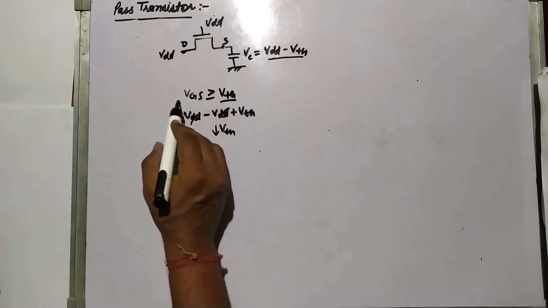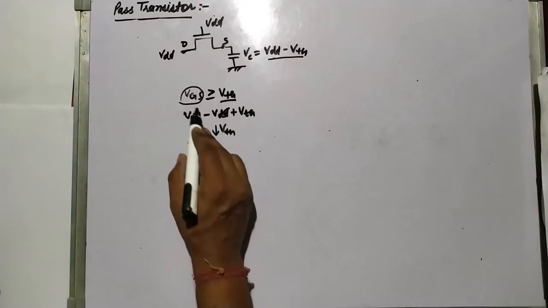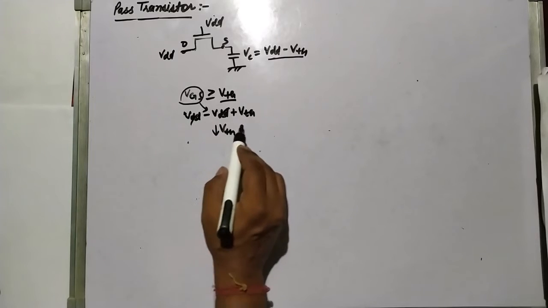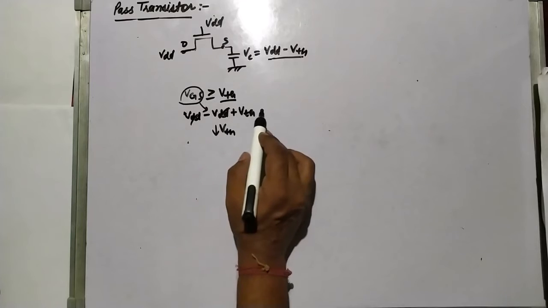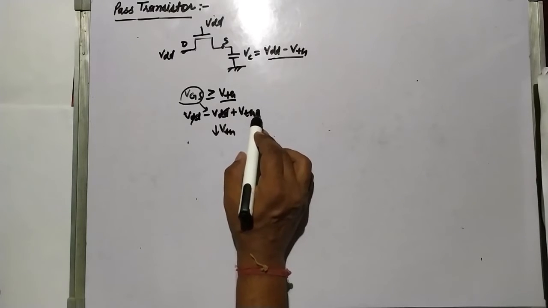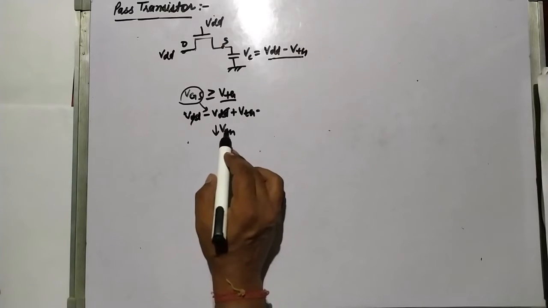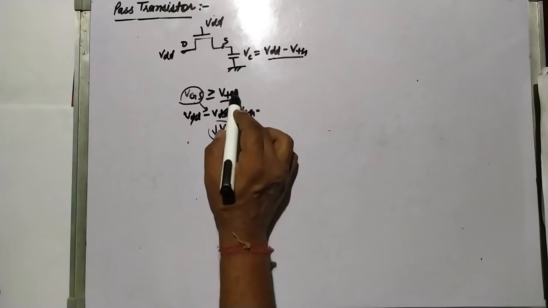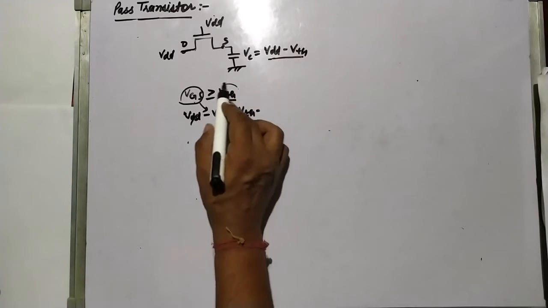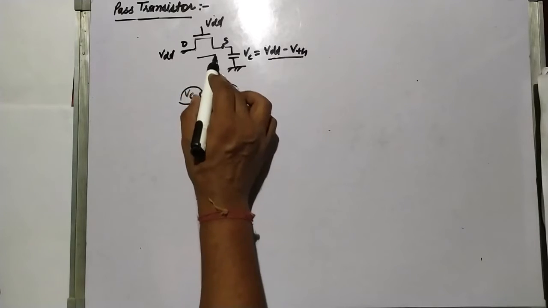So my VGS is equal to VTH for now. If I am increasing this more, my total VGS will reduce, and this will go below VTH. My transistor will be off.